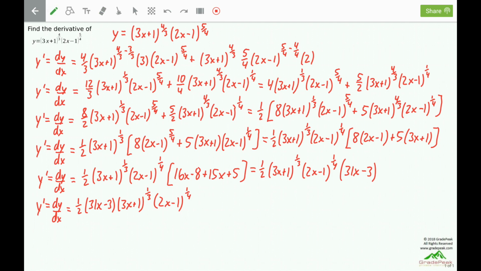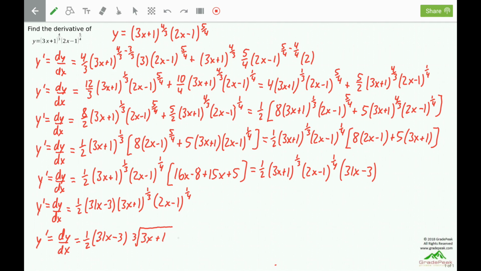And another option is to write those powers as roots. So here's another option for it. Y prime or dy dx can also be written as 1/2 31x minus 3. And then the 1/3 power means first power, a cubed root. So we can write this as the cubed root of 3x plus 1.